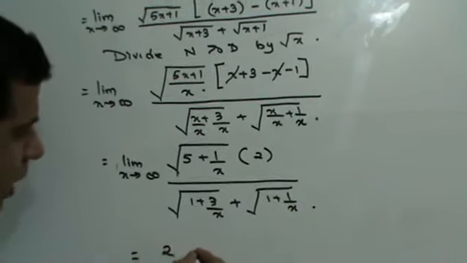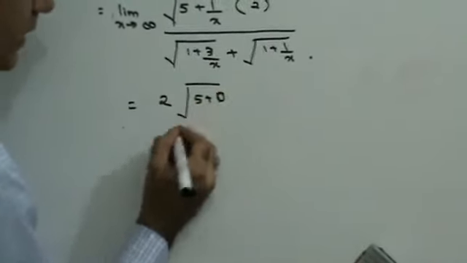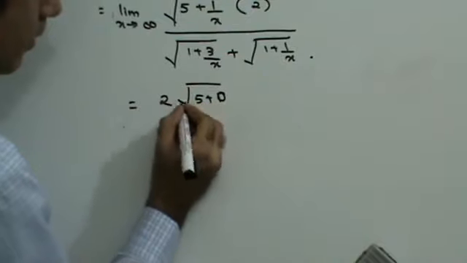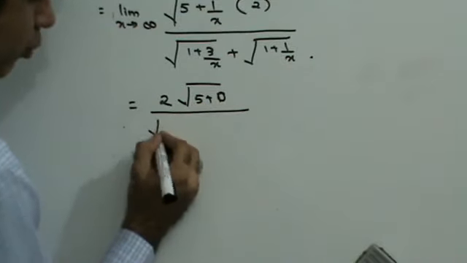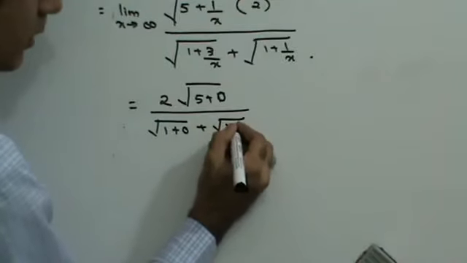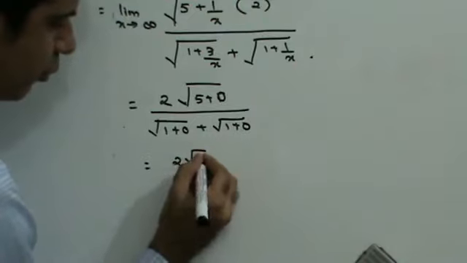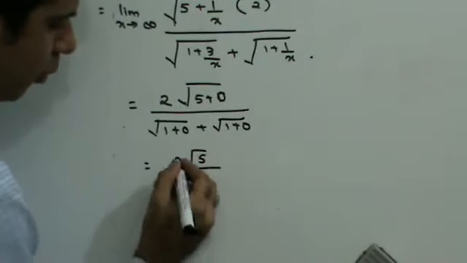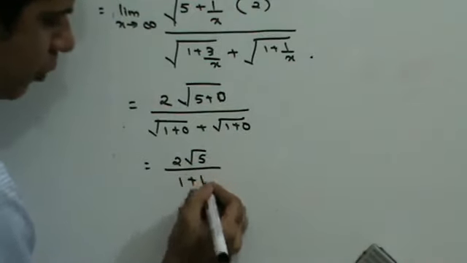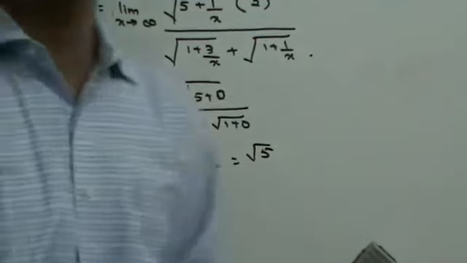The 2 stays as it is. Root of 5 plus 1 upon x, that 1 upon x is 0. 3 upon x is 0. 1 upon x is 0. So in that case this is going to be 2 root 5 upon root of 1 plus root of 1, and root of 1 is 1. So the answer is going to be root 5. This finishes the infinity type.